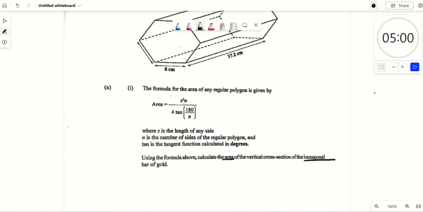So they said S is equal to the length of any side. The length of the side in your hexagon is 8, and n is equal to the number of sides, which is 6.